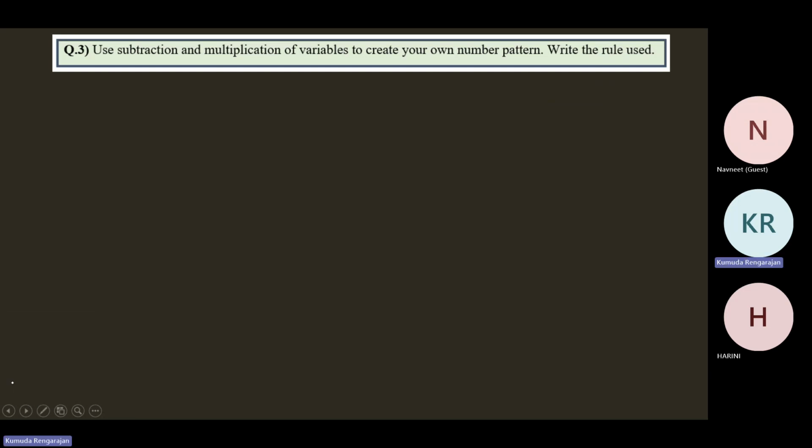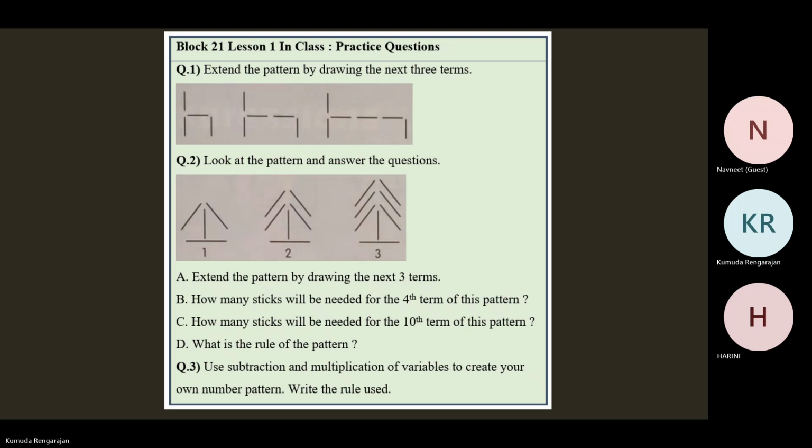Use subtraction and multiplication of variables to create your own number pattern. Write the rule used. This is a number pattern. Number pattern meaning not using diagrams like this.